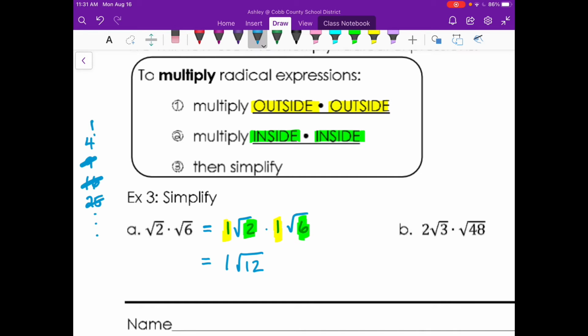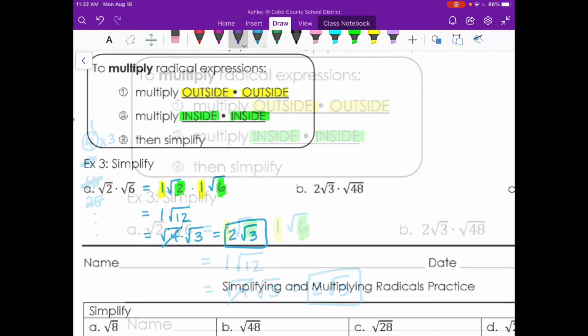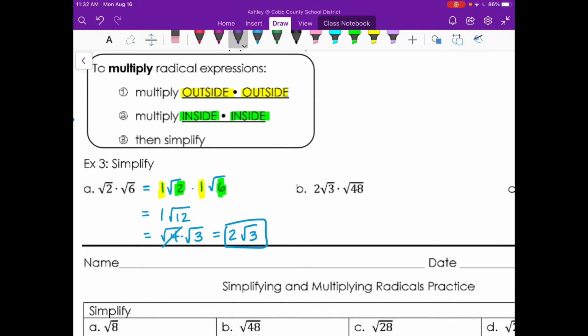But 4 goes into 12 3 times. So I'm going to split my radical 12 into radical 4 times radical 3. And then I can take the root of 4 and bring it outside, so I end up with 2 radical 3 for my answer.